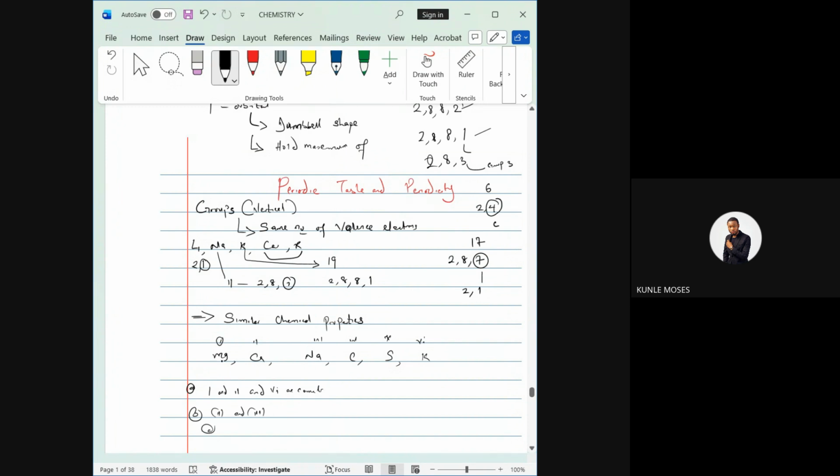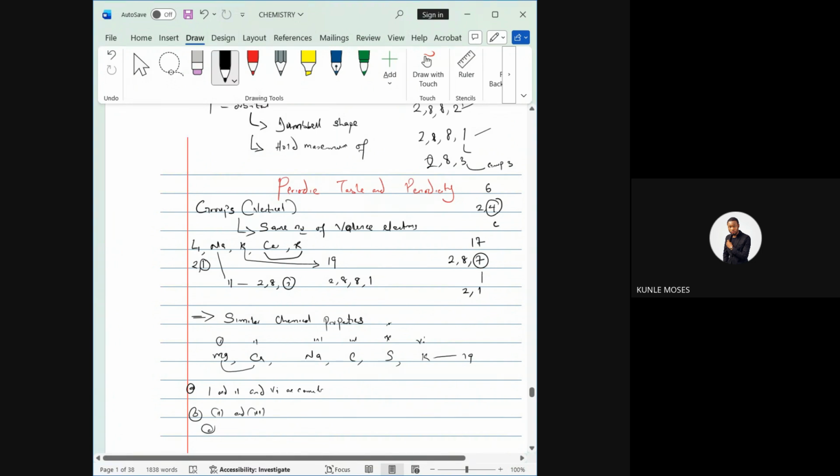So you should know that magnesium and calcium belong to the same group. It belongs to group 2 because magnesium is 12, that's 2,8,2, right? Calcium is 20, that's 2,8,8,2. Sodium is group 1, 2,8,1, because that's atomic number 11. Potassium is also group 1, atomic number 19, that's 2,8,8,1.